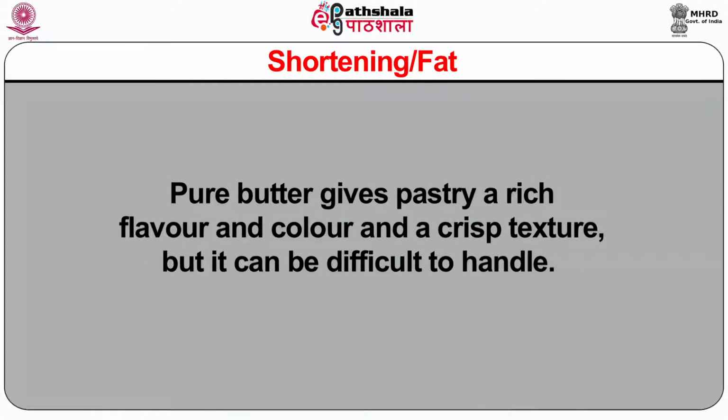Pure butter gives pastry a rich flavor and color and a crisp texture, but it can be difficult to handle. Most bakers use a combination of butter and hard margarine to achieve a balance of good buttery color and flavor with the short flaky texture provided by the margarine.